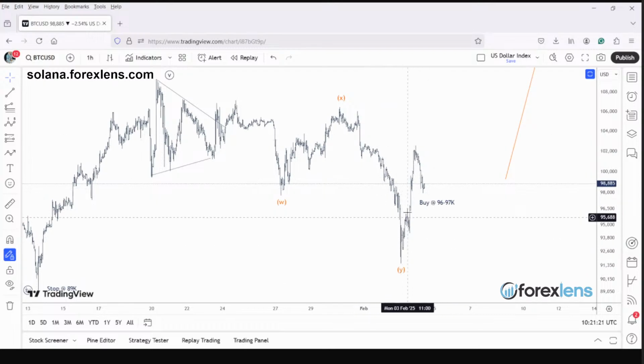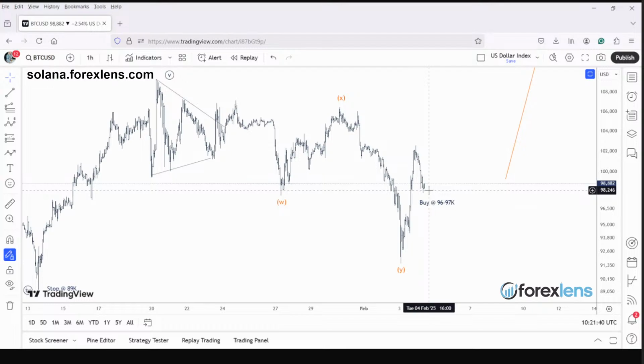It's quite possible that we are into fourth wave, but nonetheless, the direction is now picking up on the north side, and we should be safe to remain on the long side with the stop just below the swing lows recently.